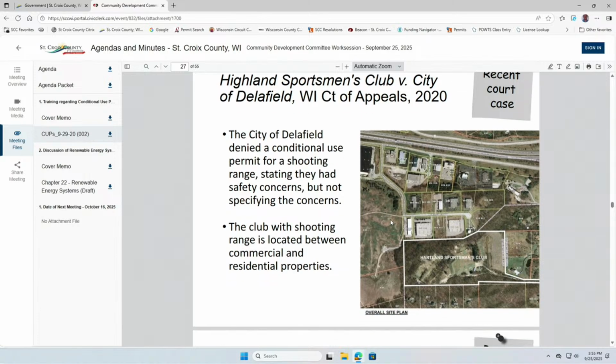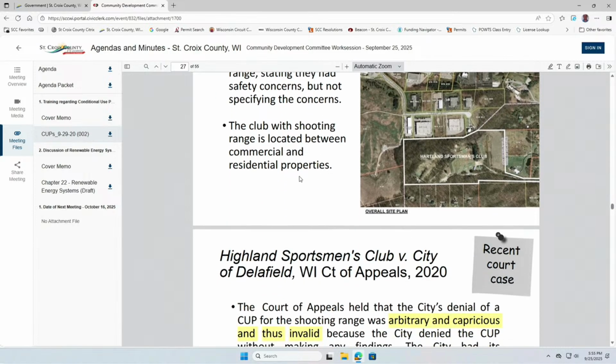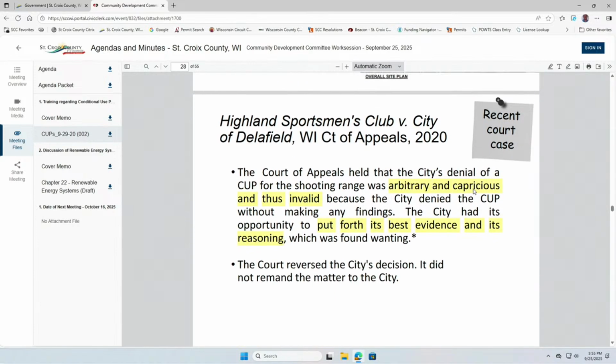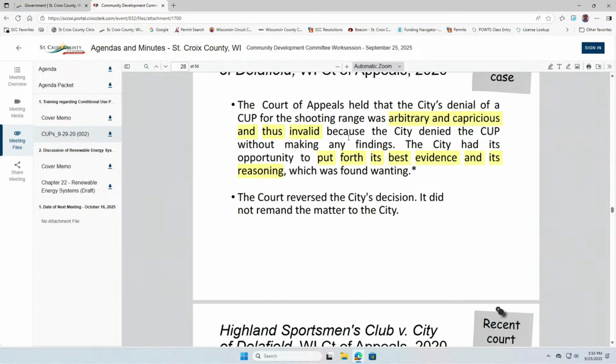So Highland Sportsman Club versus City of Delafield: they proposed a shooting range and the city denied it because of safety concerns, since it was located between commercial and housing development to the south. That was overturned because the Court of Appeals found that the city's denial was arbitrary and capricious, and thus invalid, because they didn't make any findings.